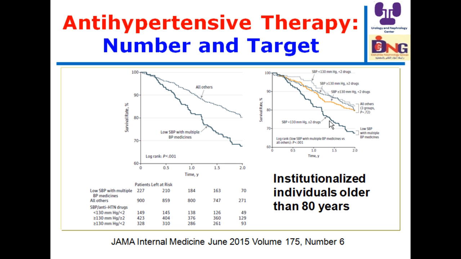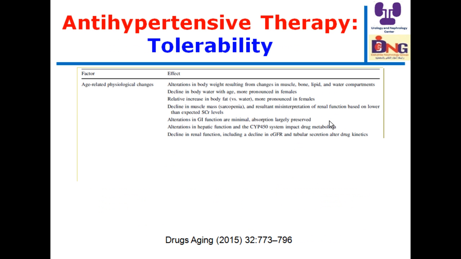Again, we should follow the tolerability of antihypertensive medications, because tolerability depends upon many factors, like age-related physiological changes: altered body weight, decline in body water, relative increase in body fat, decline in muscle mass, alteration in gastrointestinal function, alteration in hepatic function, decline in renal function. All this can occur with aging.